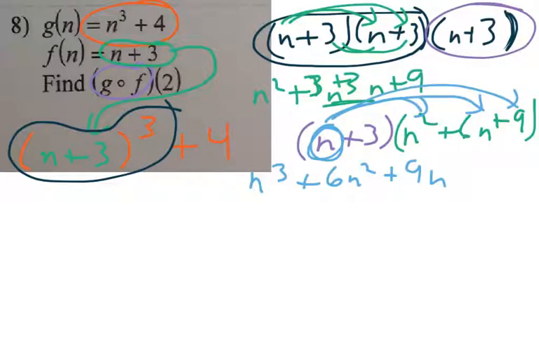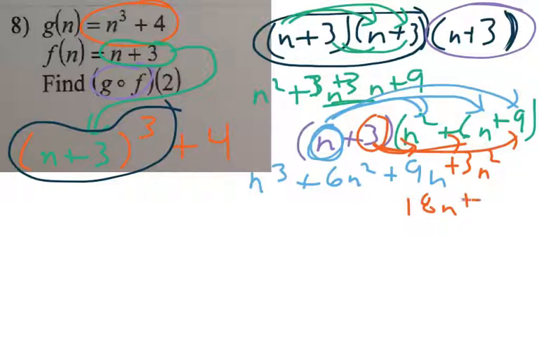So now what? Well, don't I have to distribute the 3? 3 times n squared is another 3n squared. 3 times 6n, 18n. Ran out of room there, guys, sorry. 3 times 9, 27. Whew! We're almost done doing n plus 3 cubed.